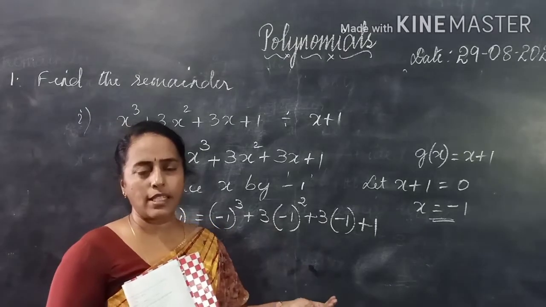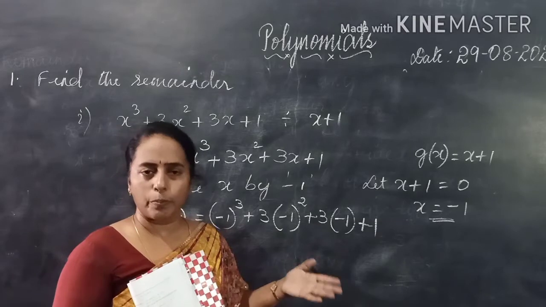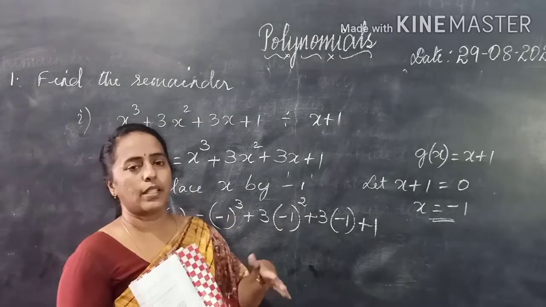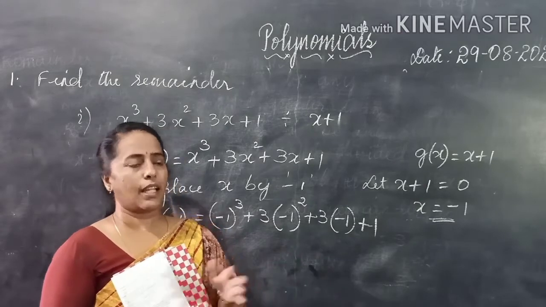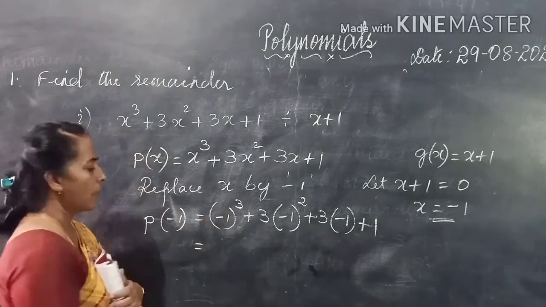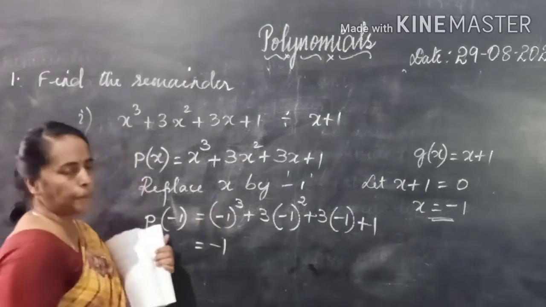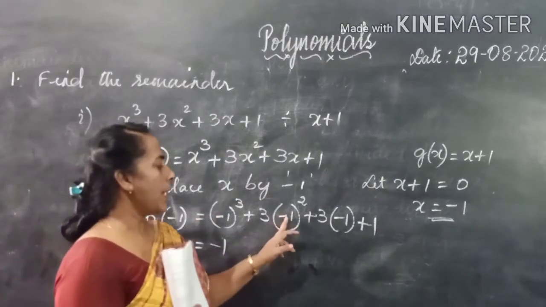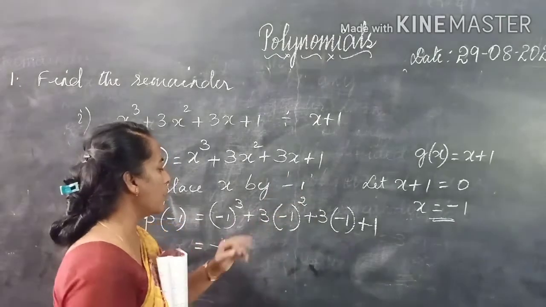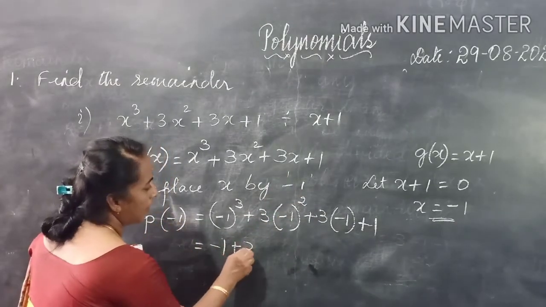If the minus sign is multiplied an even number of times, the product will be plus. If it is multiplied an odd number of times, 3 times, 5 times like that, the product will be minus. So minus 1 the whole cube, what will you get? Minus 1. Now minus 1 the whole square, minus into minus becomes plus, plus 1 into 3 is plus 3.